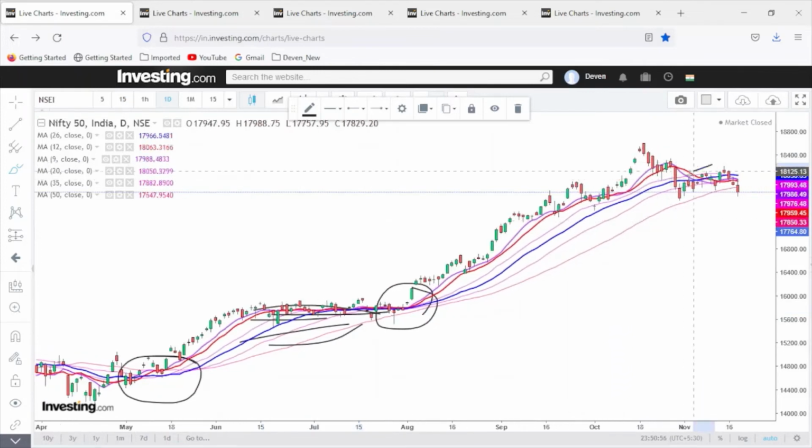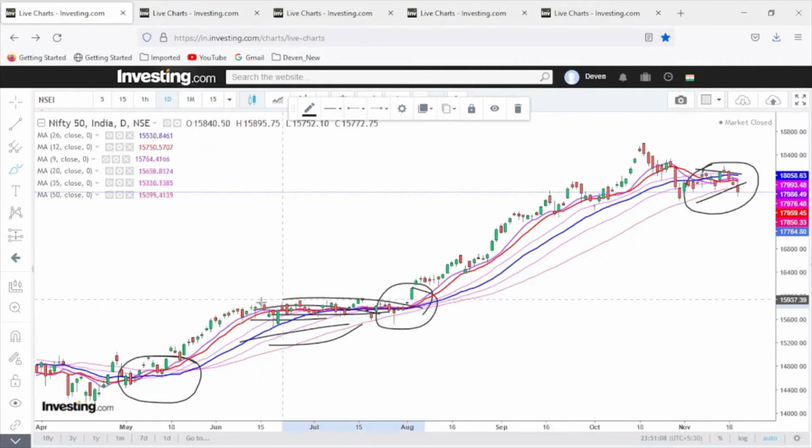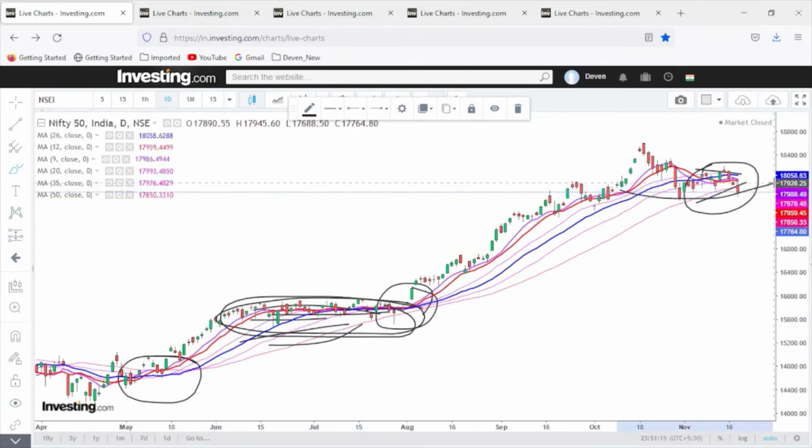Now again there is a similar, not a squeeze exactly, but the exponential moving averages are coming near each other. So whenever the moving averages come towards each other, you can also observe that the price is moving in a sideways direction. It is range bound. So better avoid such situations to trade using moving averages. After this expansion, yes, it is good.